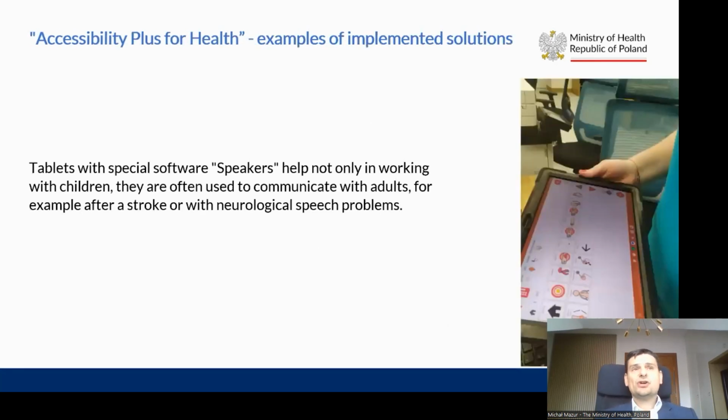And I want to show you some examples of implemented solutions thanks to our project. On this picture, you can see a tablet with special speaker software. This software helps not only in working with children, it is often used to communicate with adults, for example, after a stroke or with neurological speech problems.